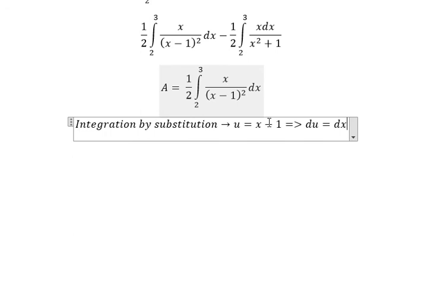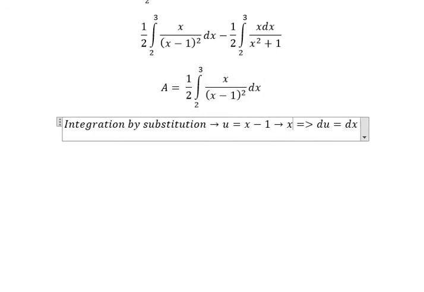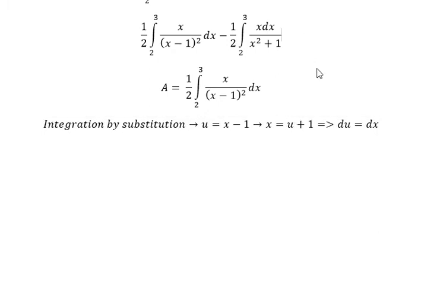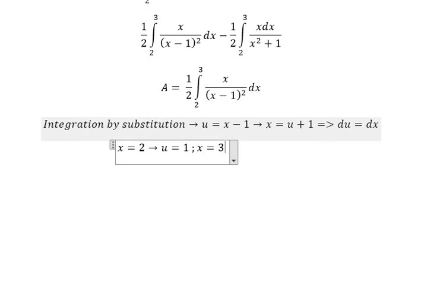Because we have the x in here, so we can get x equals to u plus 1. And now we can change about number 2 and number 3. x equal to number 2, so you got u equals to number 1, x equal to number 3, so u equals to number 2.